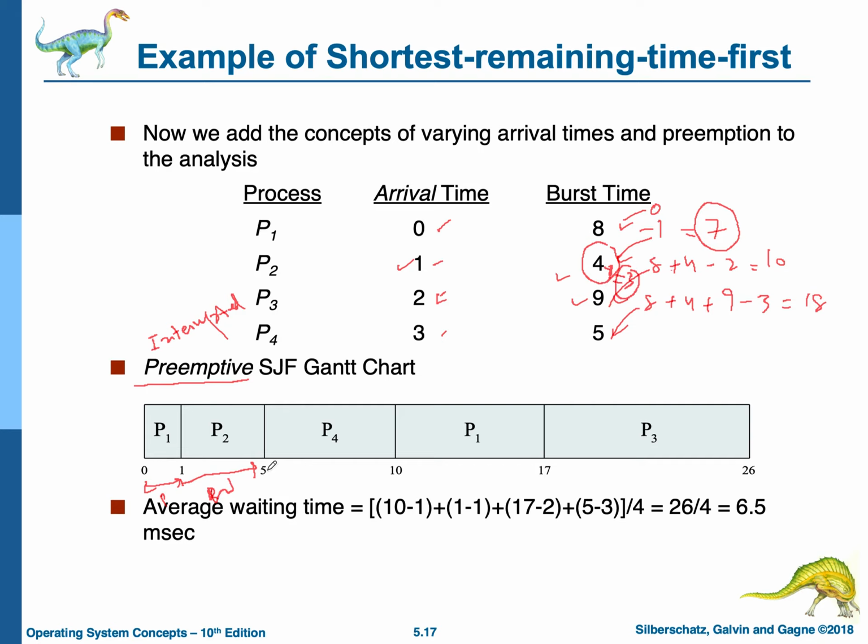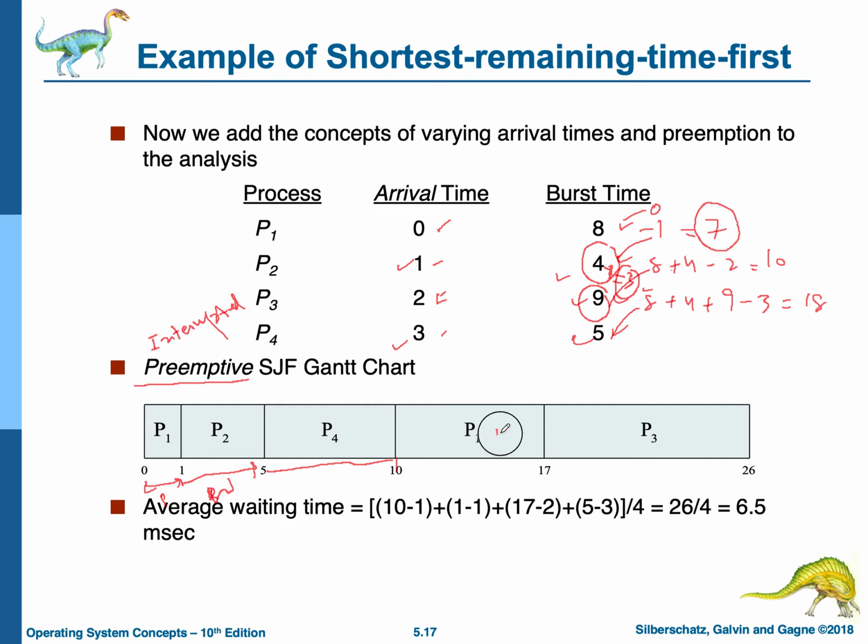The remaining time for this job was 3, and this was shorter than the new job's length, so it keeps on executing. When P2 completed at time unit 5, P4 had already arrived, and P4 was executed for 5 seconds.